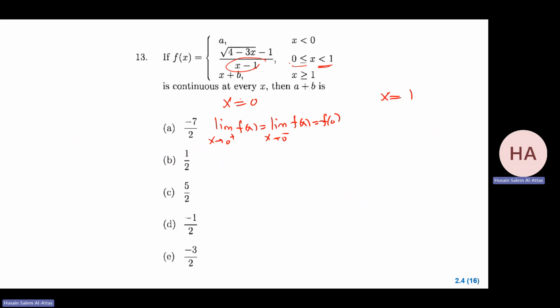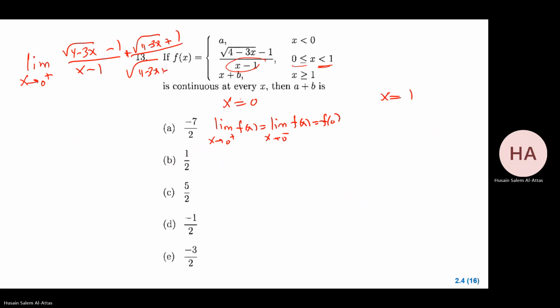Just to show it, as x goes to 0 from right, this is calculation. For this one you need to do the limit, you need to rationalize. You'll get the limit of 4 minus 3x minus 1 over x minus 1.